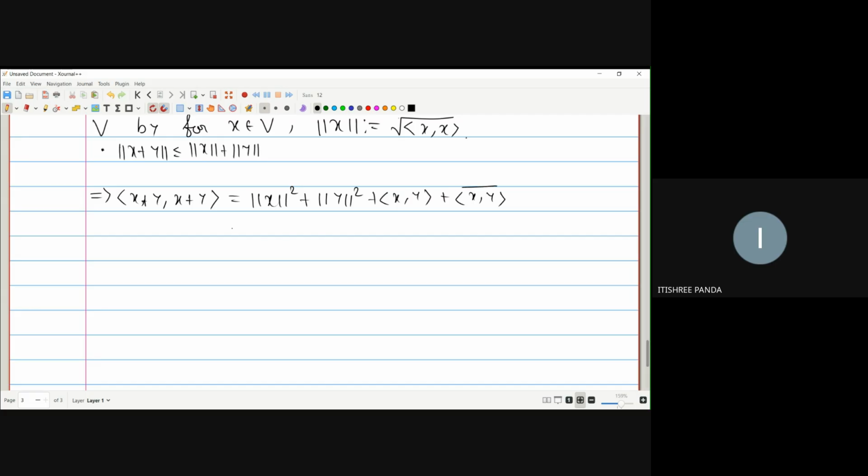Z plus z bar is equal to 2 times the real part of z. Okay. Next. Here, the inner product of x y is less than or equal to the product of norms by Cauchy-Schwarz.